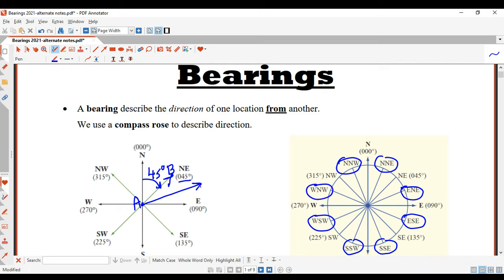Comparing that to your basic, more simplified compass rose, N is for north, NE is for northeast, E is for east, and you've got southeast, south, southwest, west, northwest. These angles, 0 degrees, 45 degrees, 90 degrees, are measured clockwise from north.